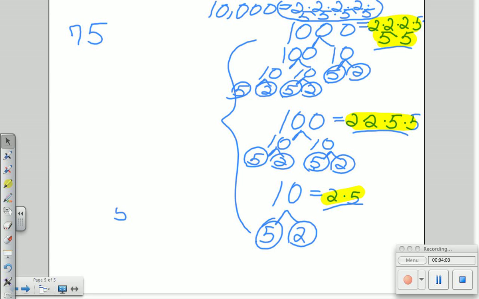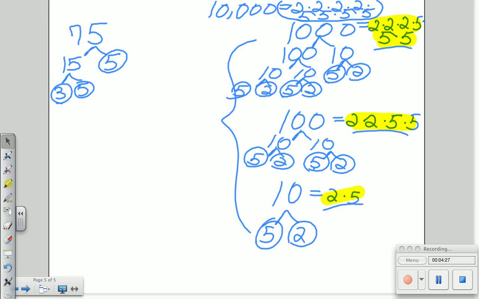For 75 here, I know 5 is divisible by it. 5 times 15. Okay, 5 is prime. 15 can be broken apart to 3 and 5.